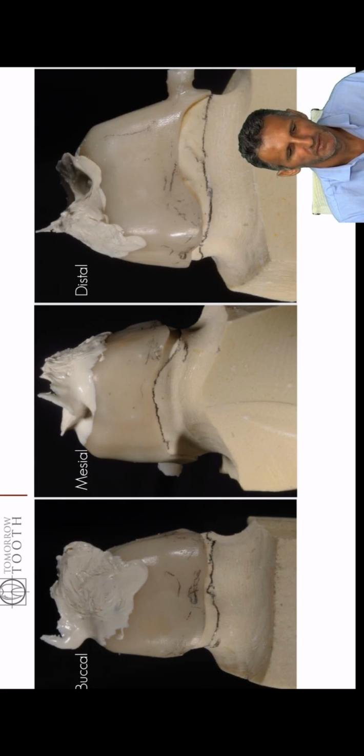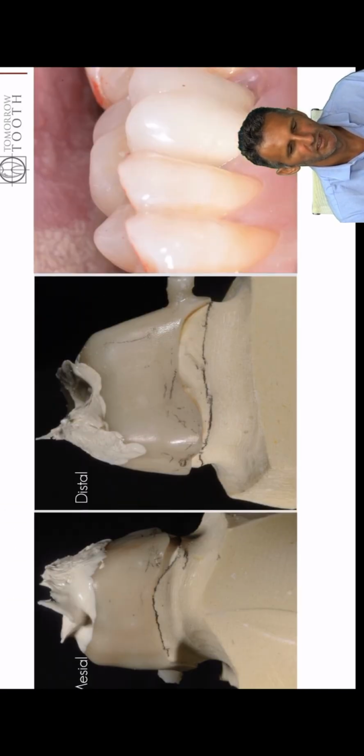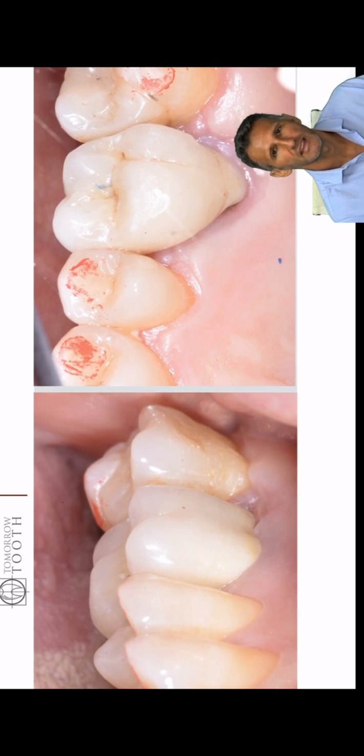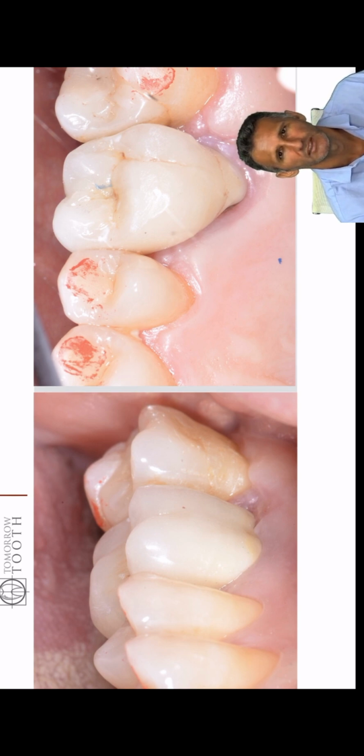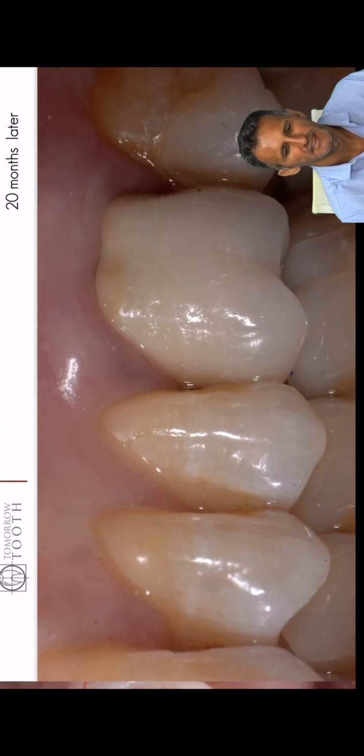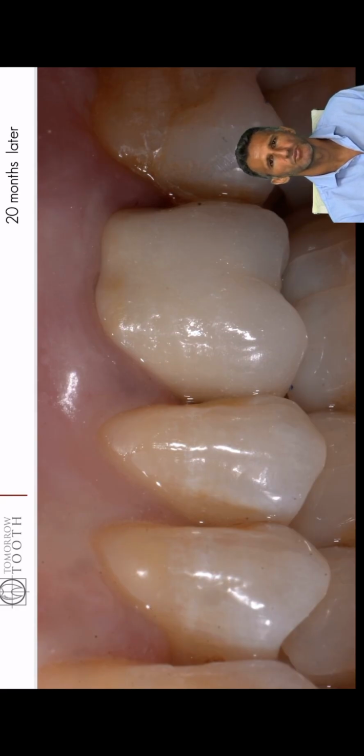Okay? And doing this, I almost destroyed this crown. And so my technician was forced to do a new one. At the end, I waited for the healing, and I did again a new impression and a new crown, because I was destroying everything. This is the crown the day of the delivery. Okay? And this is the crown after almost 2 years.